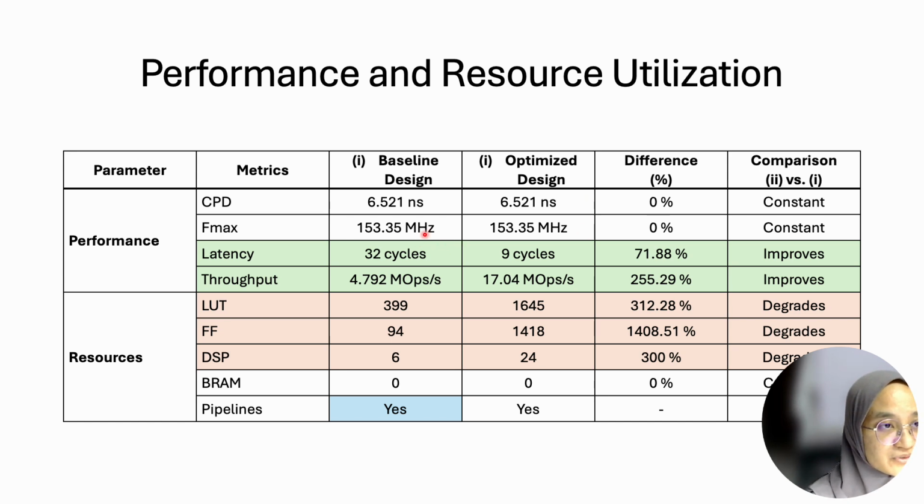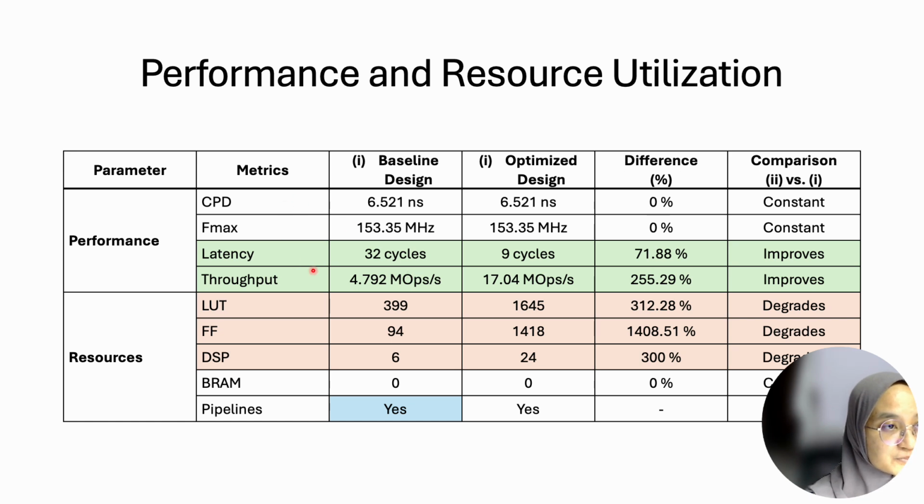This is because for both designs, the Vitis HLS tool did optimization by applying pipelining to both. Even though in the baseline design I didn't define any pragma, it automatically defined the pipeline registers for me. So for both of these, CPD and Fmax are the same, with 0 difference.